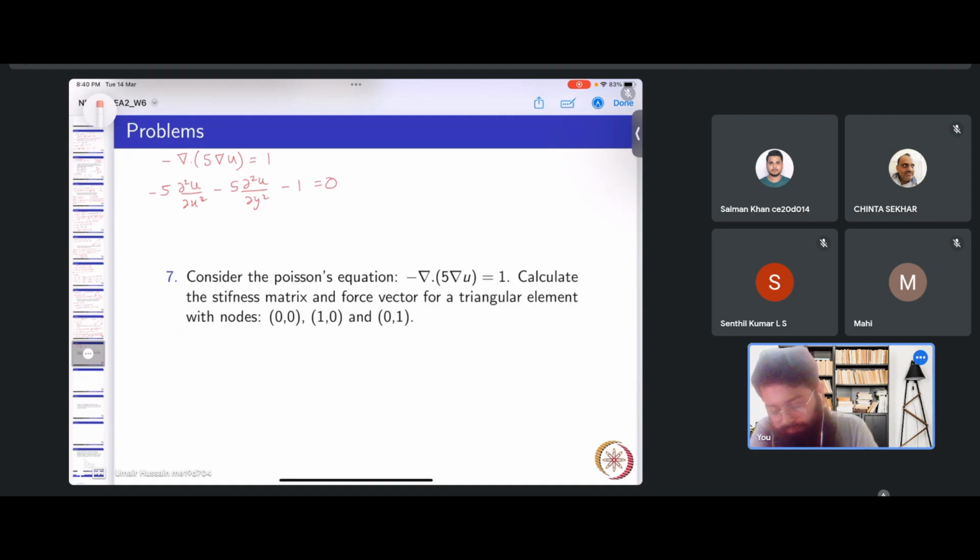If there's any doubt, please let me know. So we have dou w by dou x, dou u by dou x, that's 5 times dou w by dou y, not plus, times dou u by dou y.